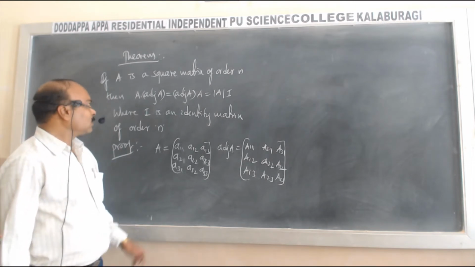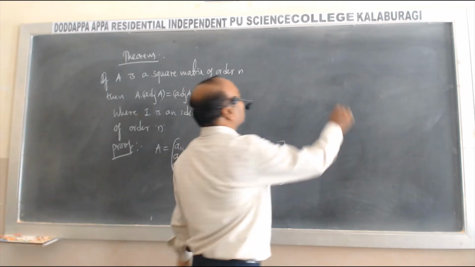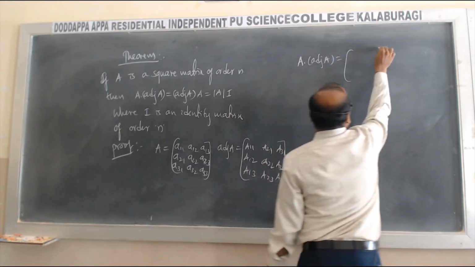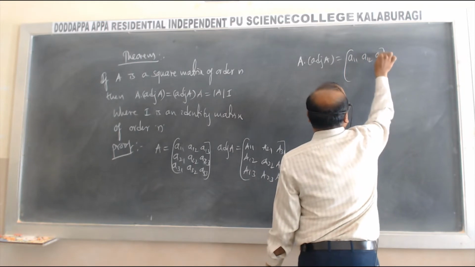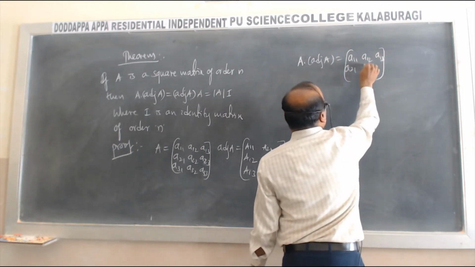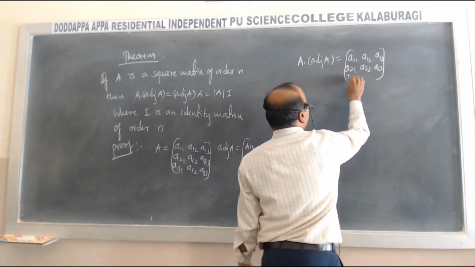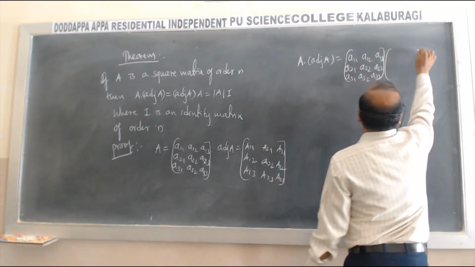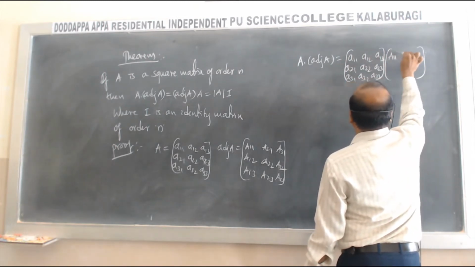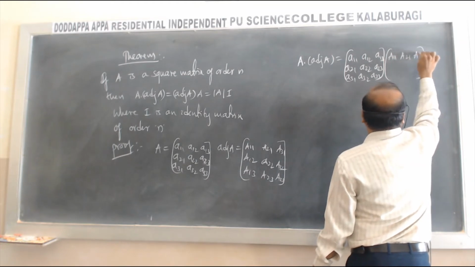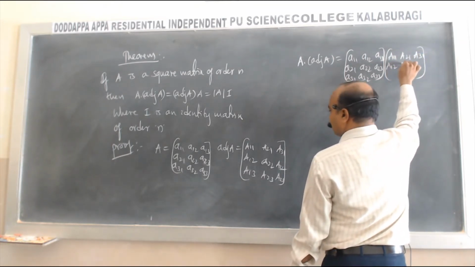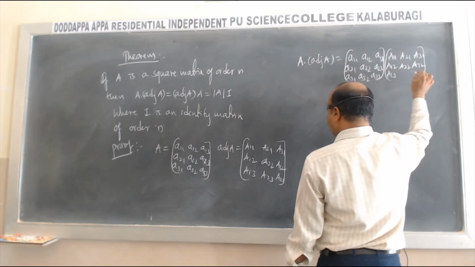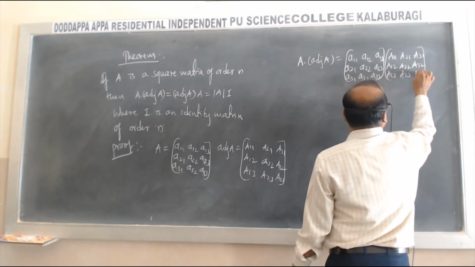Now we check the left hand side, A into adjoint of A. It is given by first we write a11, a12, a13, a21, a22, a23, a31, a32, a33 into the adjoint, which is A11, A21, A31, A12, A22, A32, and the third row is A13, A23, A33.